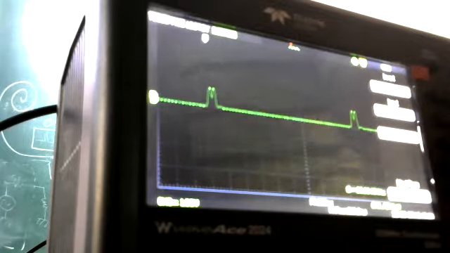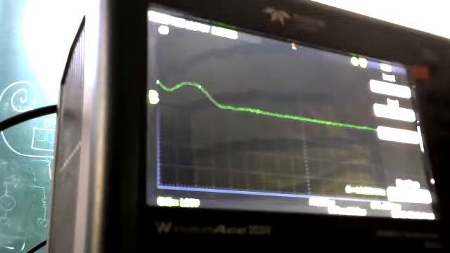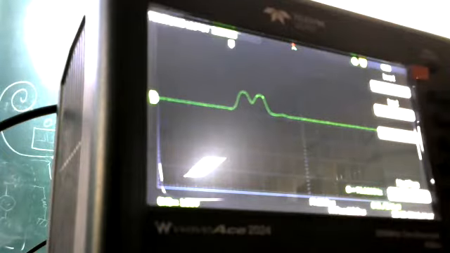So let me zoom in to this a little bit. Okay, so you can now see that they're both almost the same height, which is what we expect, but they overlap.